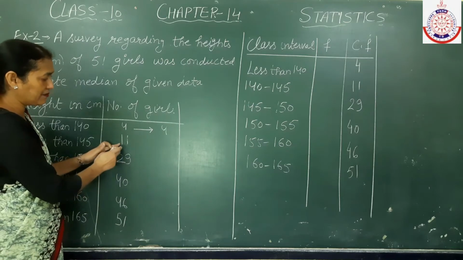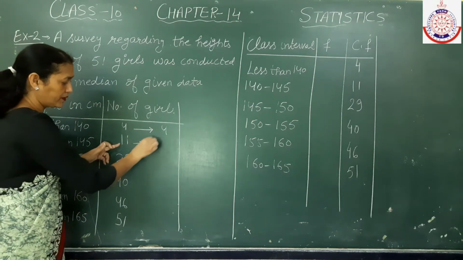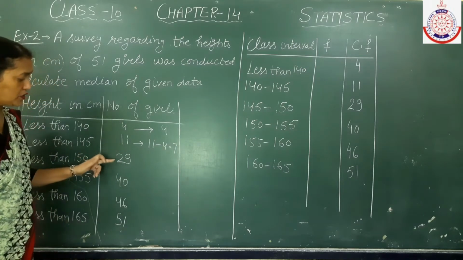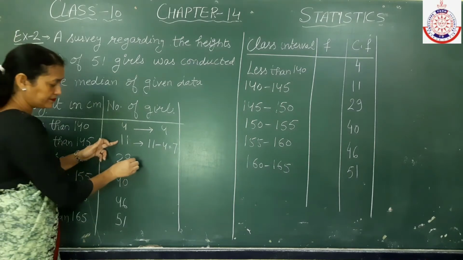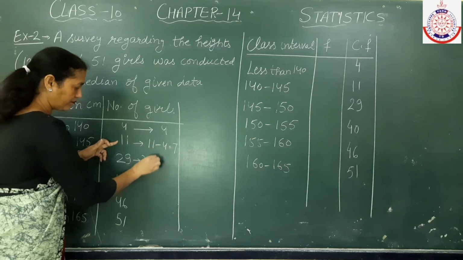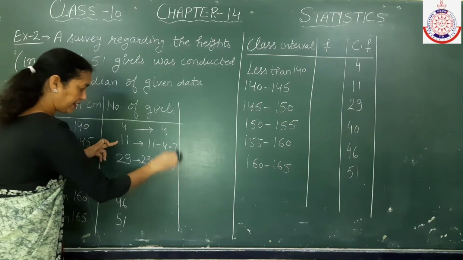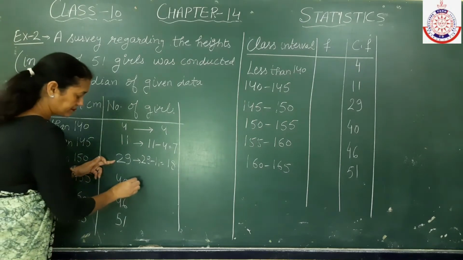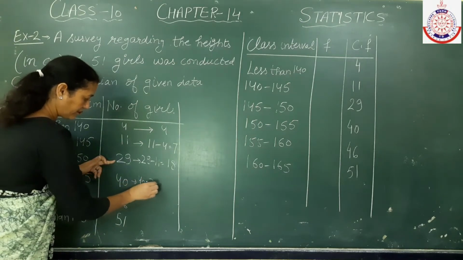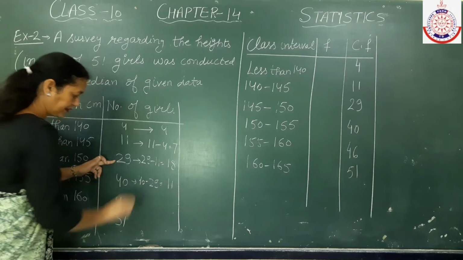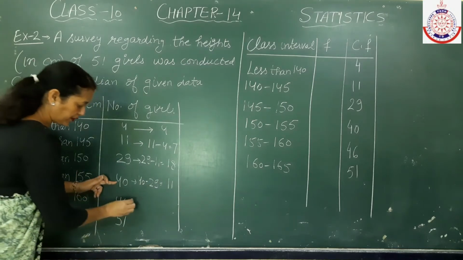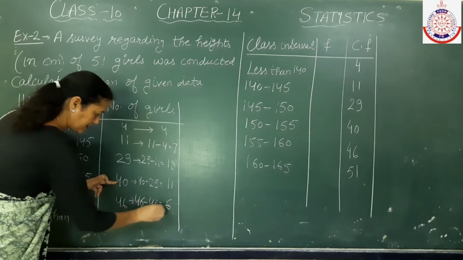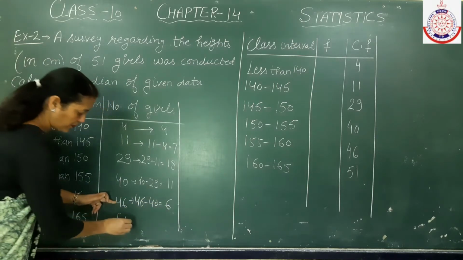So 11 minus 4 gives us 7. 29 minus 11 gives us 18. 40 minus 29 is 11. 46 minus 40 is 6. 51 minus 46.